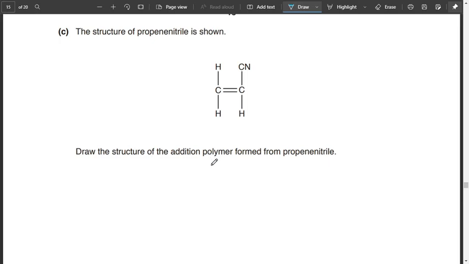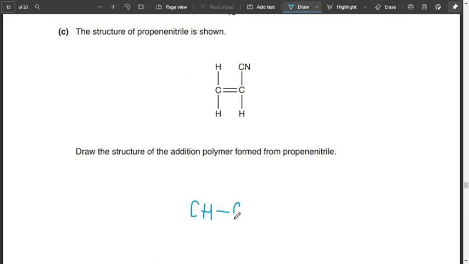Addition polymer is going to be C, CH, and C. Let me just make it clearer.